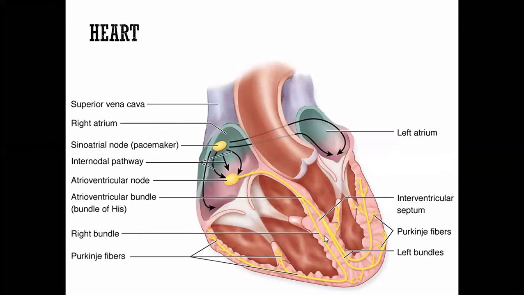And you have your sinoatrial node, the pacemaker, and the internodal pathway, where the stimulation of the pacemaker would pass through the atrioventricular bundle of His, the right bundle, and then the Purkinje fibers with an R. Okay. So anyway, this is only a schematic diagram.